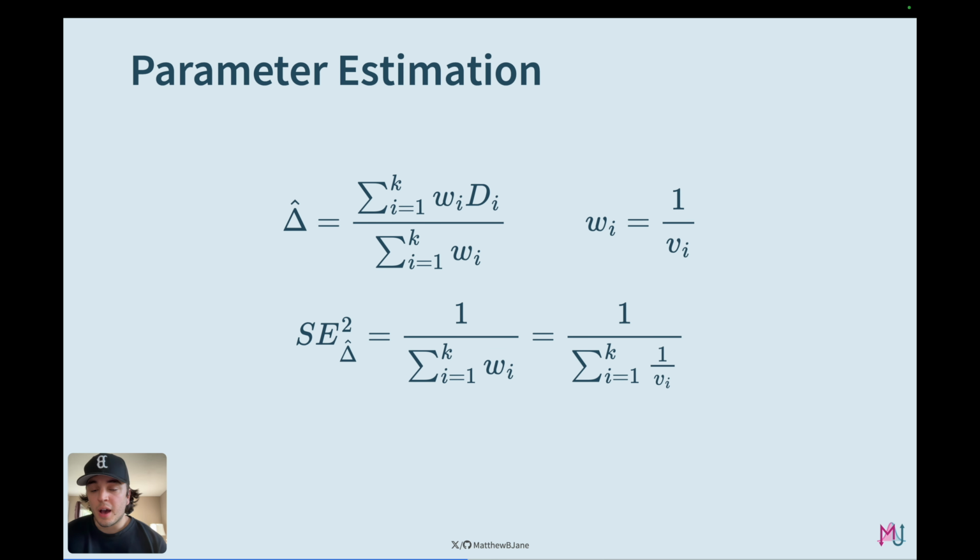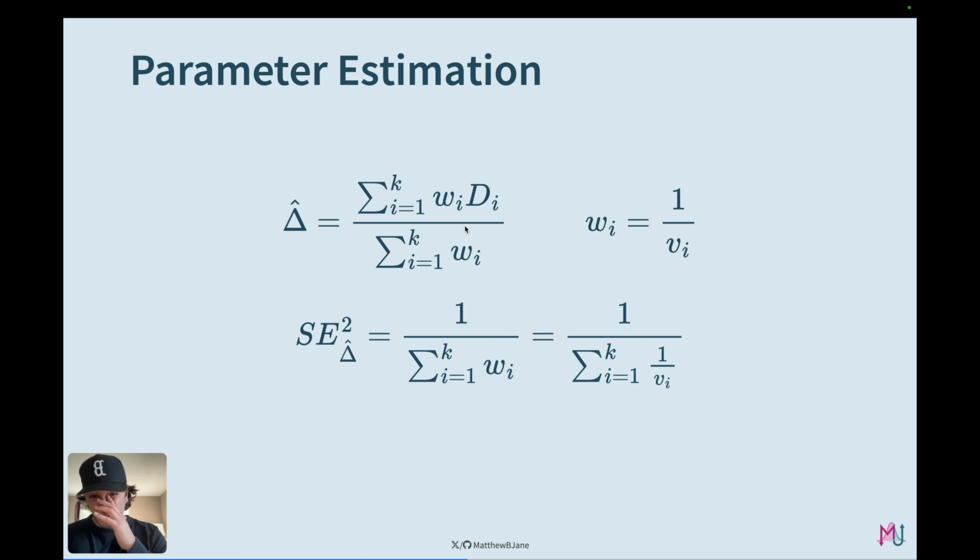So what do we want to estimate in our equal effects meta-analysis? Generally, we want to estimate this true effect size, right? So what we can do is take an average of the observed effect sizes, and hopefully that will give us a more precise estimate of the true effect size of interest.